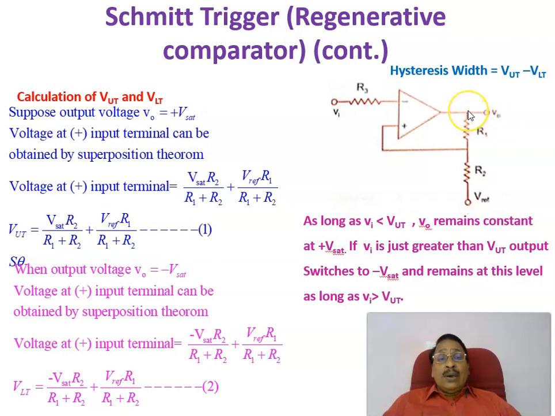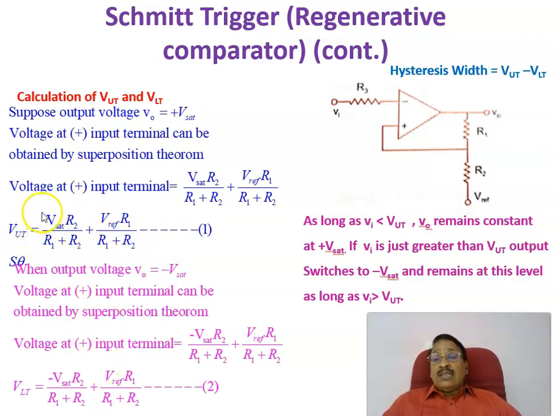Once the output is at minus Vsat, you again have to calculate the voltage at the plus input terminal using the superposition theorem. It is given by minus Vsat divided by R1 plus R2 into R2, plus V reference divided by R1 plus R2 into R1. The only difference is that it is minus Vsat. This equation represents the lower threshold voltage, VLT.